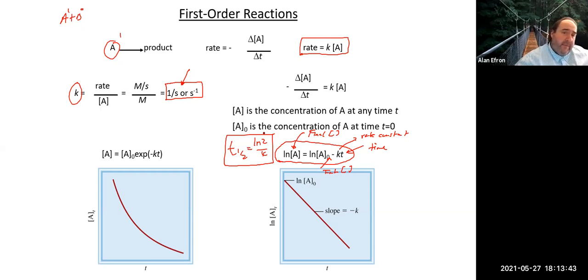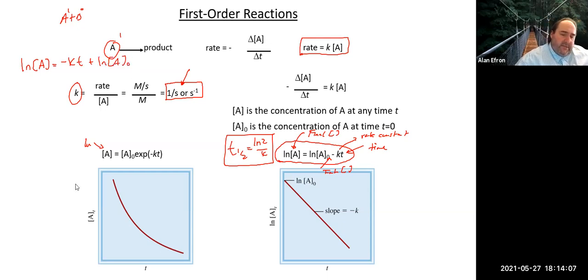Now, if we take this integrated rate law and take the natural log of both sides, we get an equation that we can rearrange: the natural log of A is equal to minus kt plus the natural log of A naught.